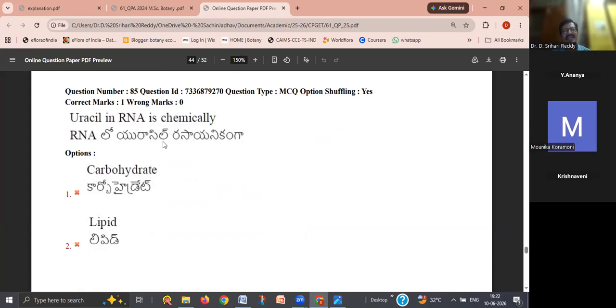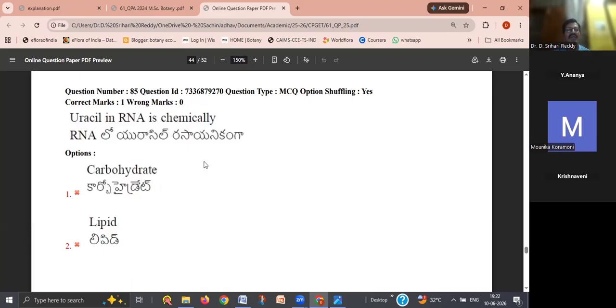Uracil, we already discussed DNA and RNA. There are some differences between DNA and RNA. DNA is double stranded, whereas RNA is single stranded, right? And in DNA, we see adenine, guanine, thymine, cytosine. These are the nitrogen bases present.